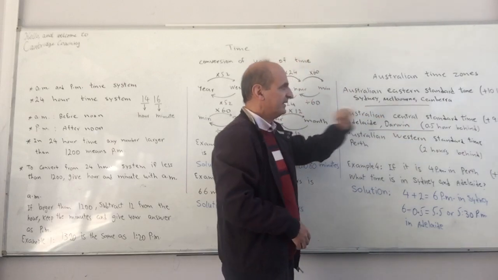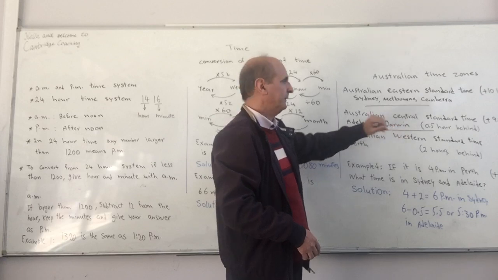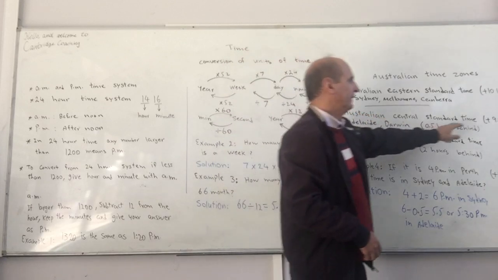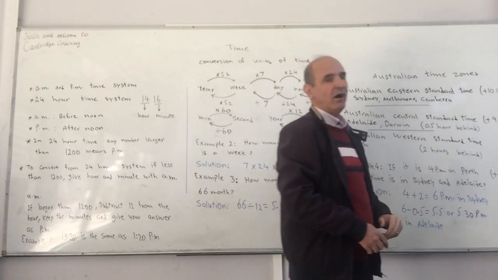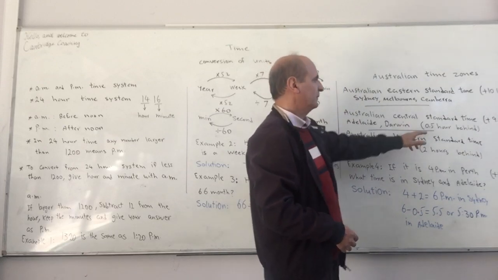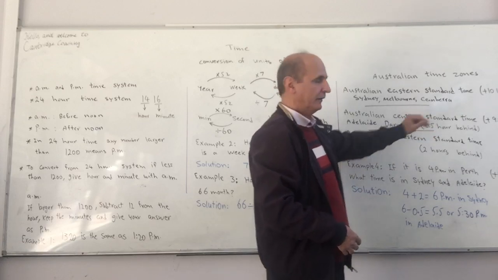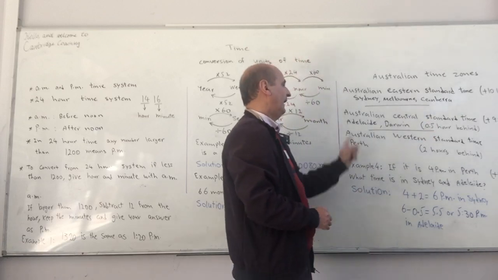But Australian Central Standard Time, which is used in Adelaide and Darwin, is 9.5 hours ahead of Greenwich. So that means they are always half an hour behind Sydney.